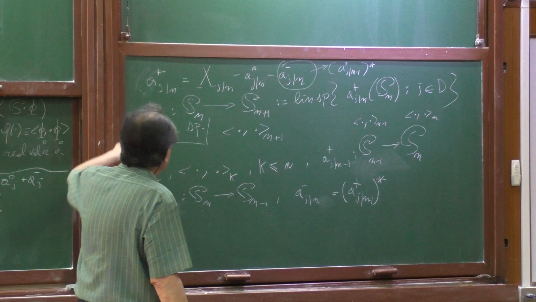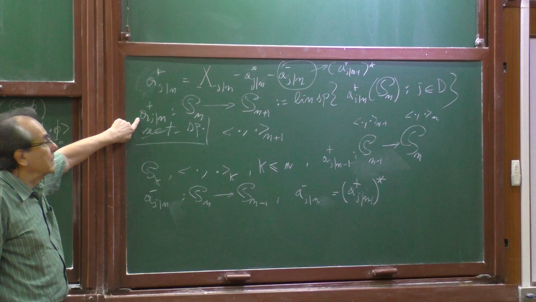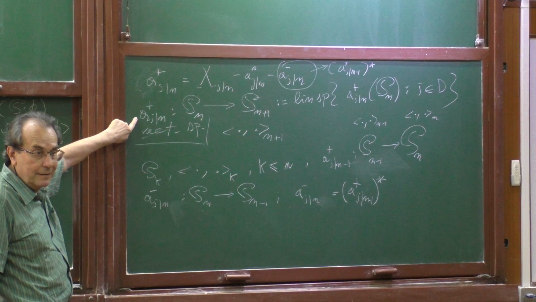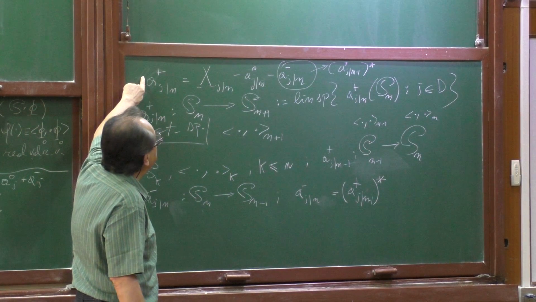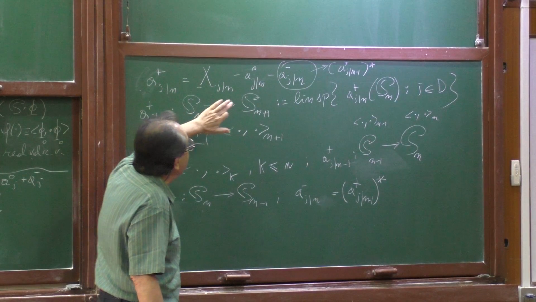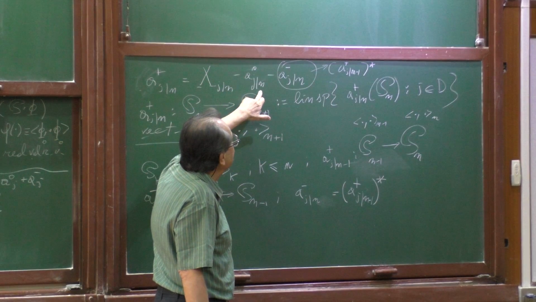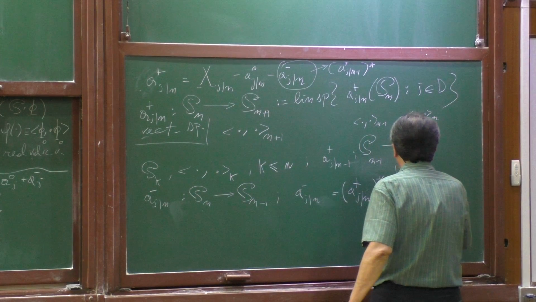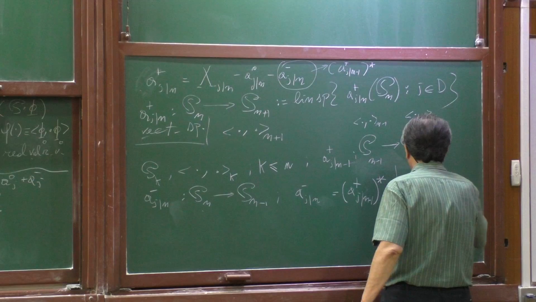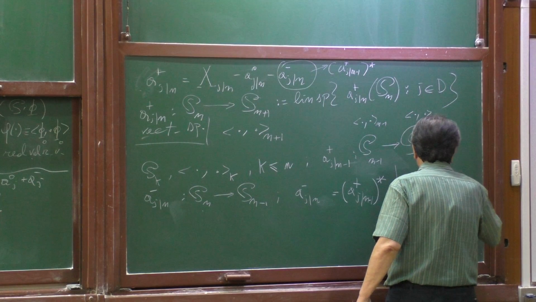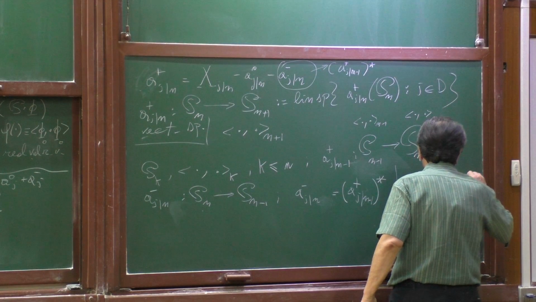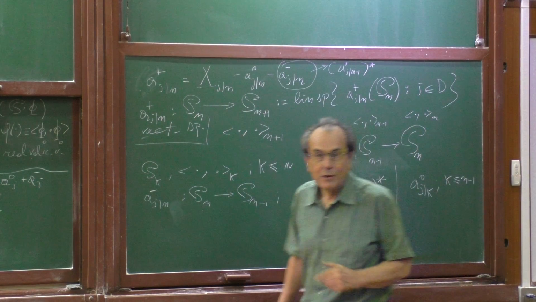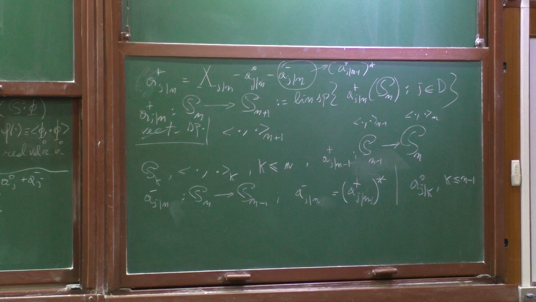Now I construct A dagger Jn algebraically by this prescription. If I know A0n, but in the induction assumption I have constructed A0j restricted to k for k less or equal n minus 1. So I have to choose the new A0n.